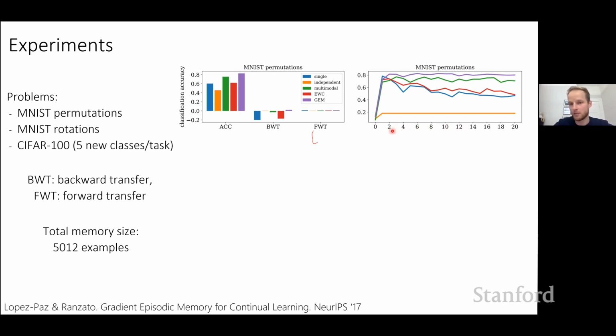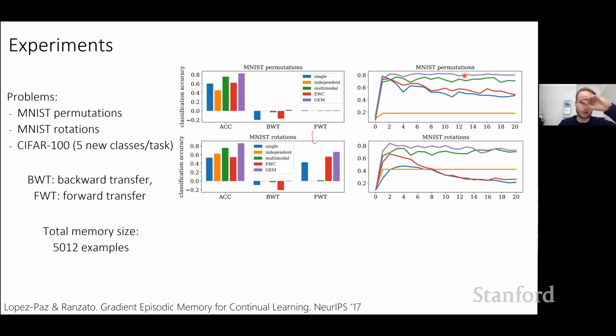So you see more and more tasks, and you see whether the performance on this original task goes down as you see more data and more tasks. And you can see that for most of the baselines that is the case, the performance goes down, whereas in their case, because they have this additional constraint that makes sure the gradients you apply don't forget the original task, the performance stays constant.